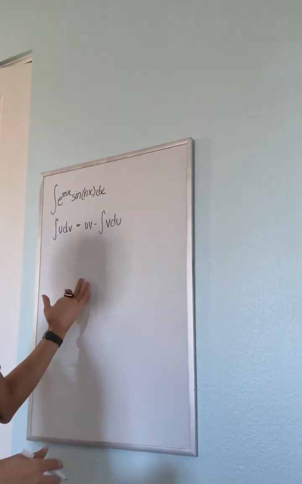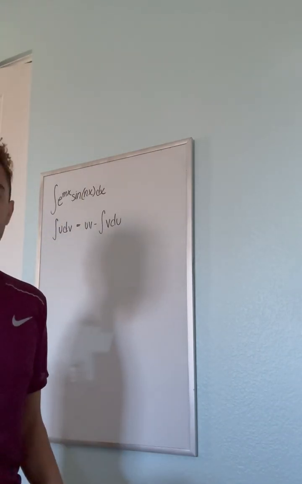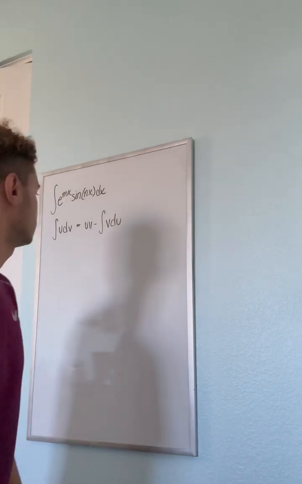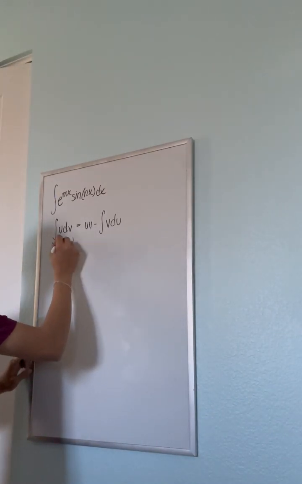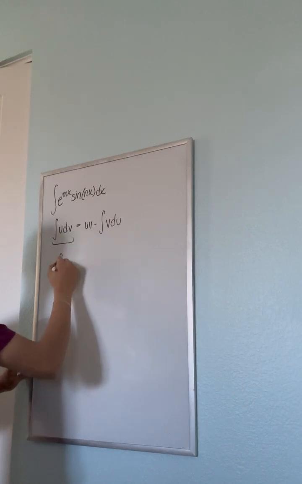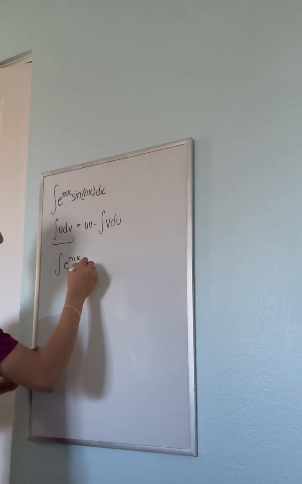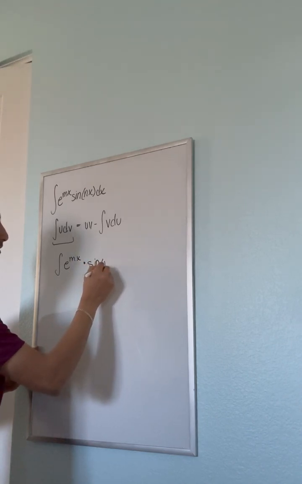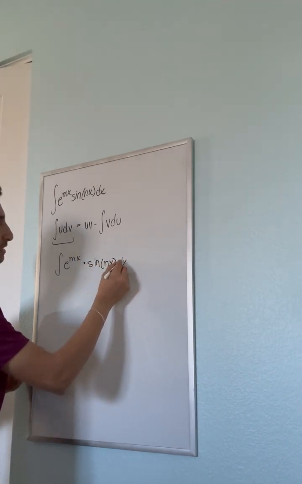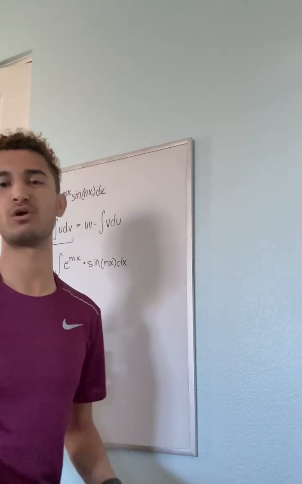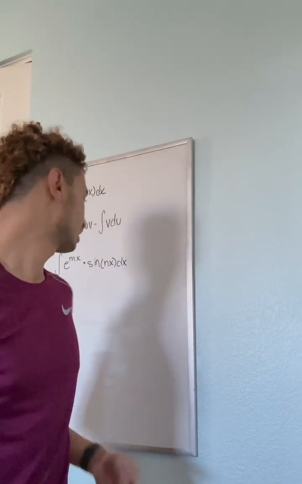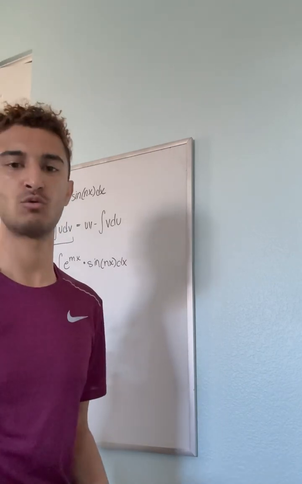So this is the formula for integration by parts, and you can see that u dv being multiplied is the same as our function e^(mx) being multiplied to sine nx dx.